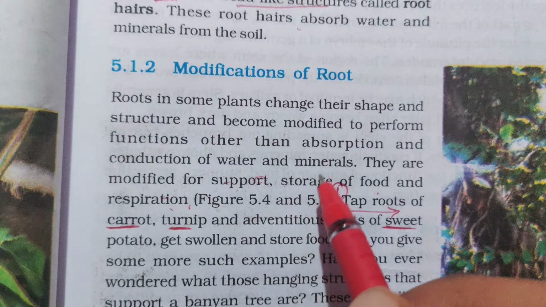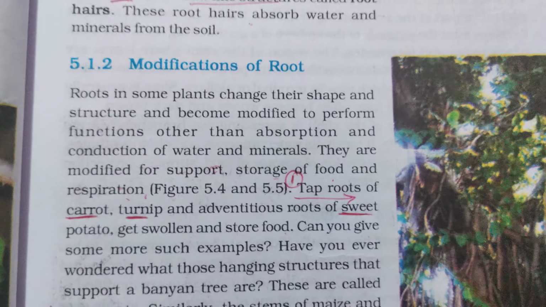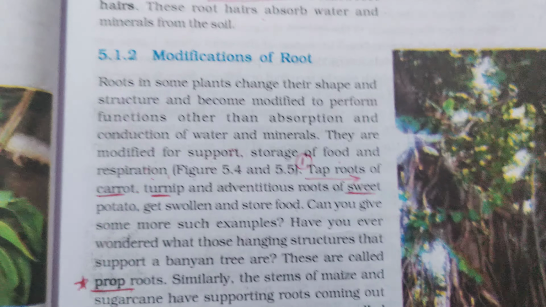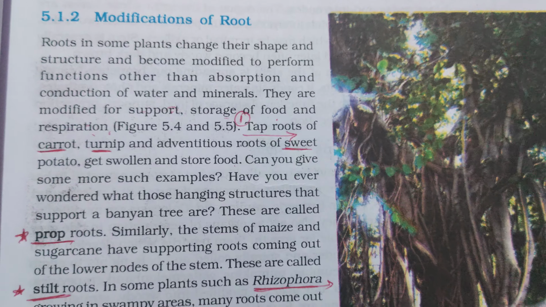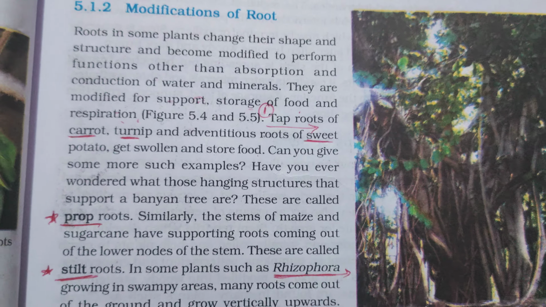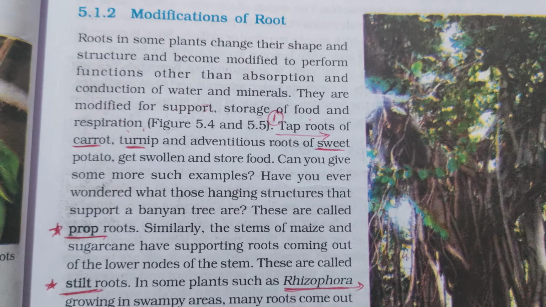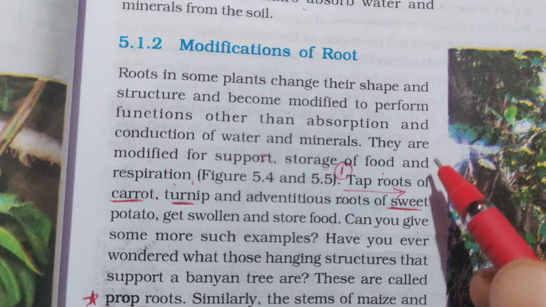These are the three different activities that make roots modified into different functions. Modification is nothing but, except their original function, they can carry out other activities. So let us see the first one, modification of root for storage of food material.